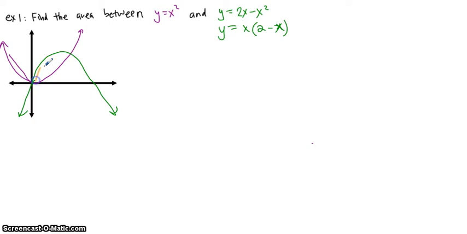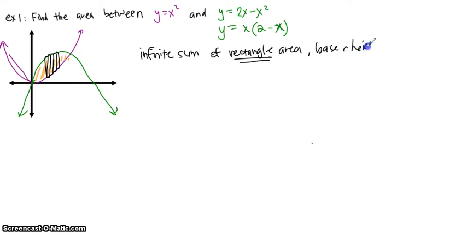Now I want the area in this region. We know how to find exact areas, right? And the way that we do that is adding up an infinite number of rectangle areas. So we are going to split this into really, really skinny little rectangles. Now the area of a rectangle is going to be base times height. So we want the infinite sum of rectangle areas, base times height.